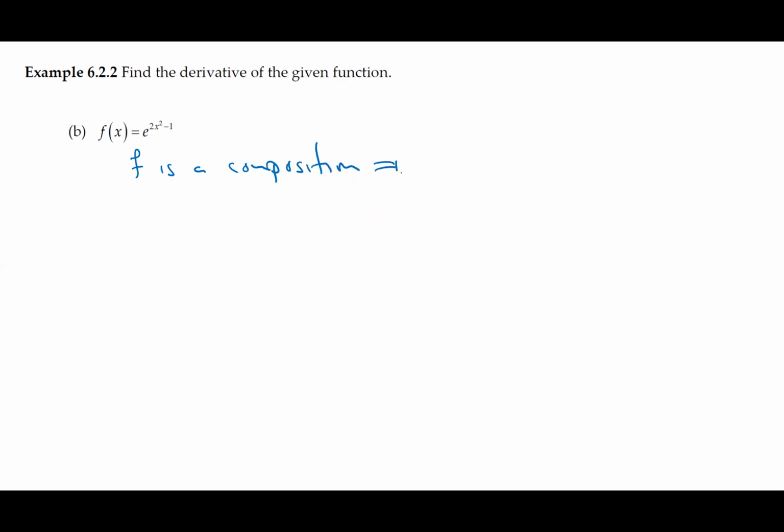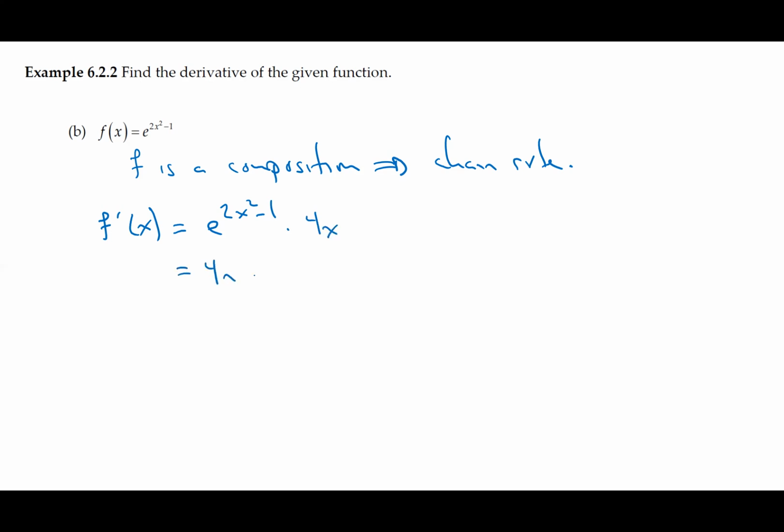So we know that we're going to use the chain rule, okay? So f prime of x equals, well, e to the 2x squared minus 1 times the derivative of 2x squared minus 1, which is 4x.